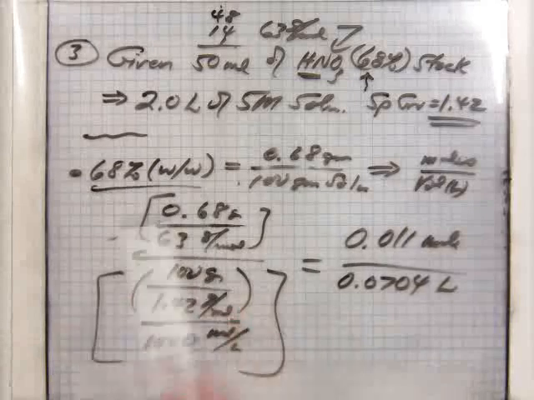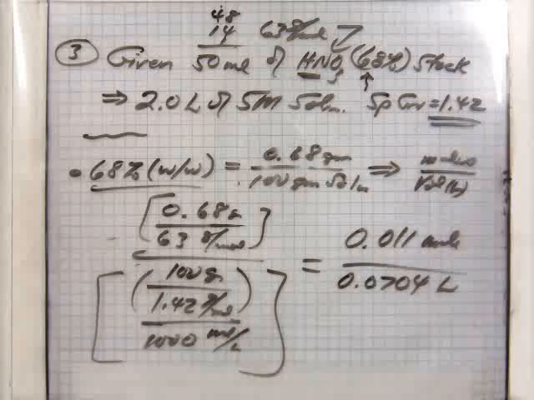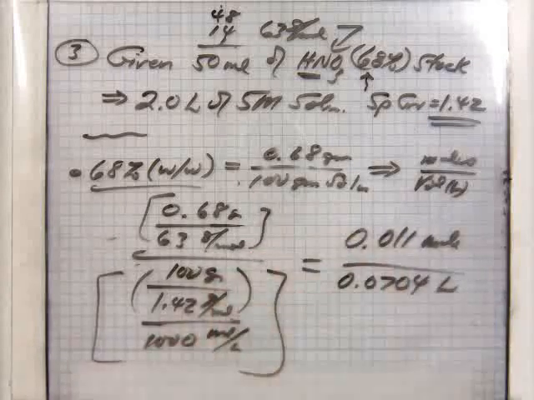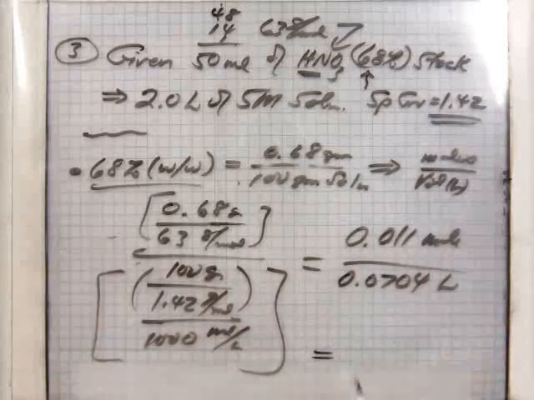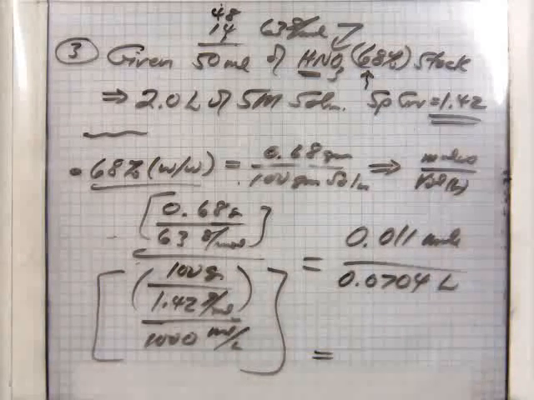See, I'm taking a 68% by weight solution, which means it's 68 grams of solute per 100 grams. That's what percentage means in the solution, and then I converted it to a volume in liters, and then solved that. 0.011 looks like that can't be right. 0.011 divided by 0.0704, it ain't a 0.15 molar solution, I can tell you that.